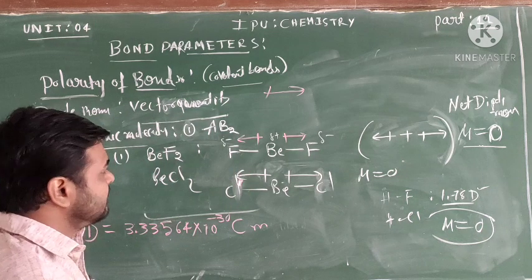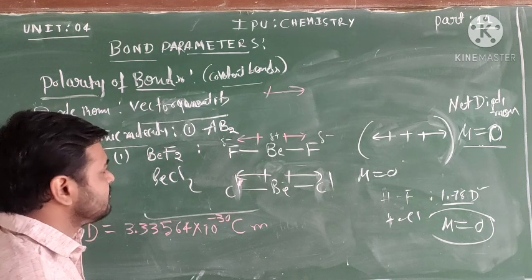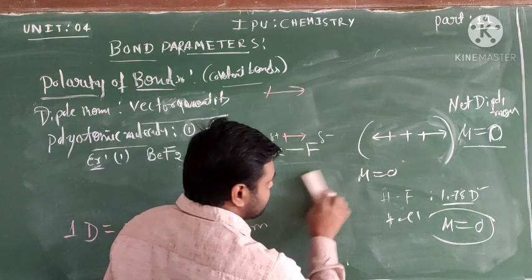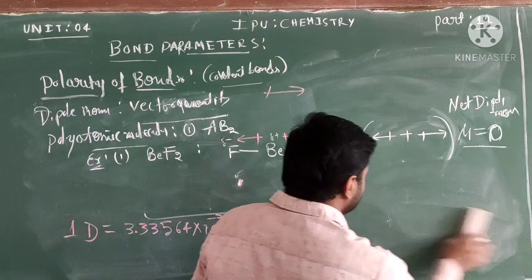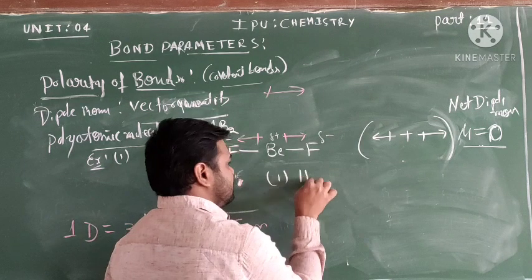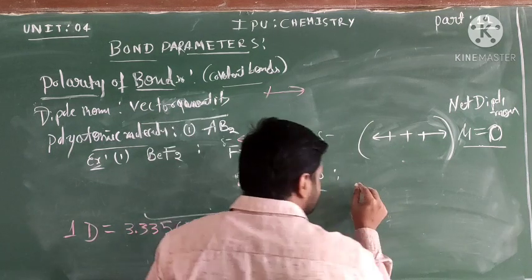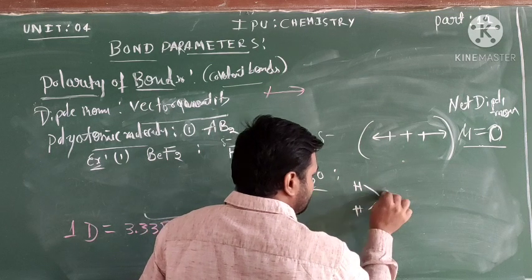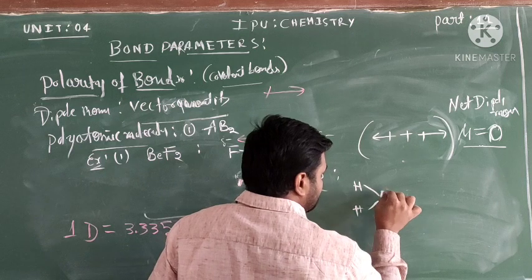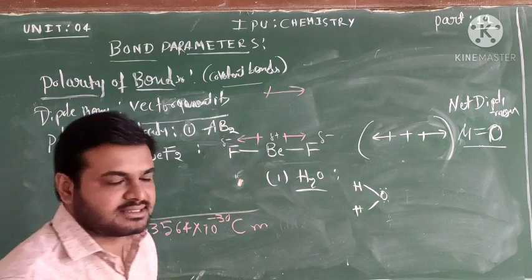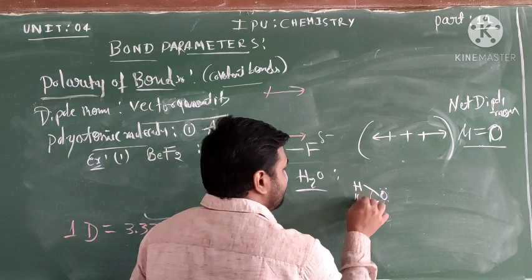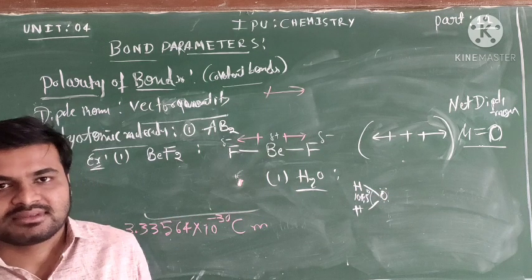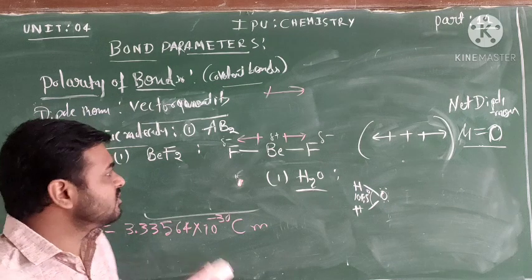We'll take another example, water. Here is the structure, which contains a bond angle of 104.5 degrees. Now let's define the polarity.